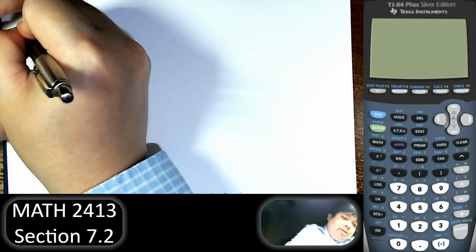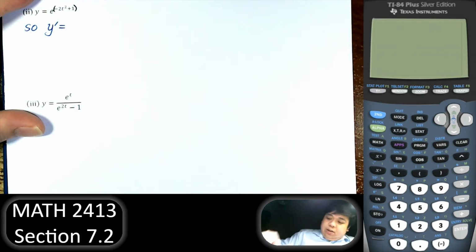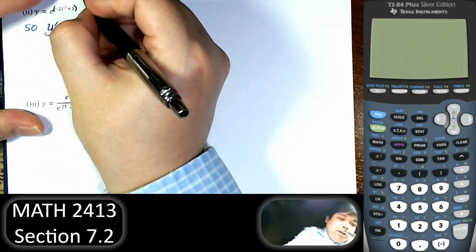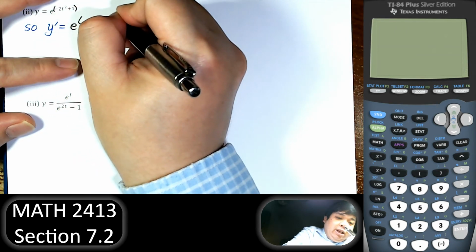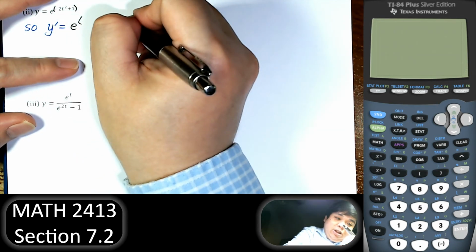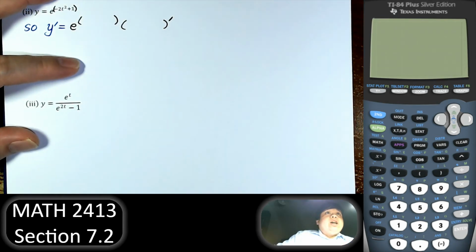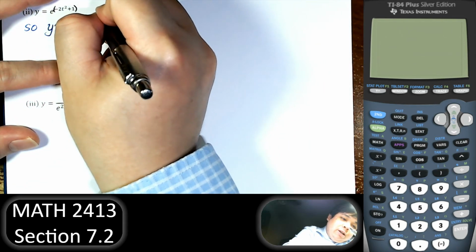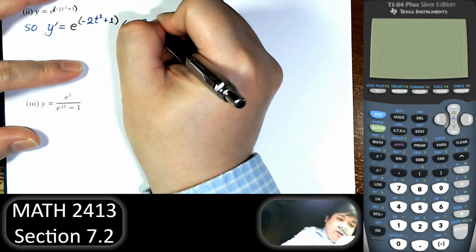So derivative is the chain rule. Derivative of e to something is the same, e to something, and then derivative of the exponent, which happens to be negative 2t squared plus 1.